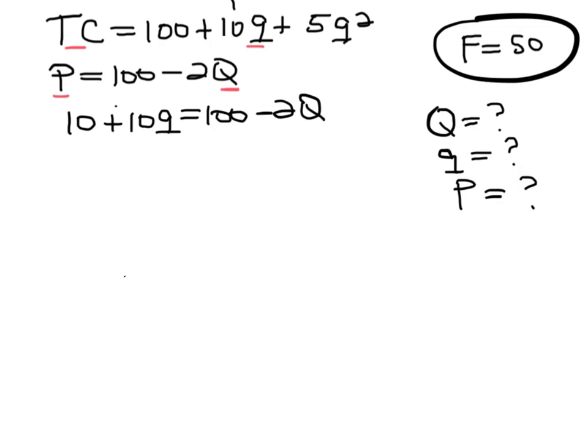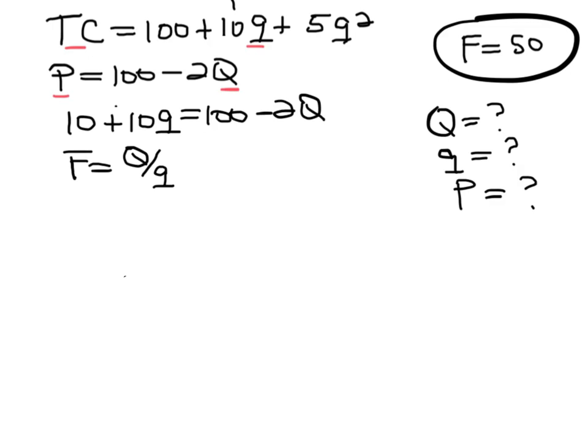So now we have another equation here, but let's see how we're doing in terms of equations and unknowns. We have TC, small q, big Q, 4 variables and 3 equations, so that's still not enough, so we need another equation. And that equation, we can get it from the number of firms, because we know that the number of firms is equal to the market quantity over each firm quantity, since all firms are identical.